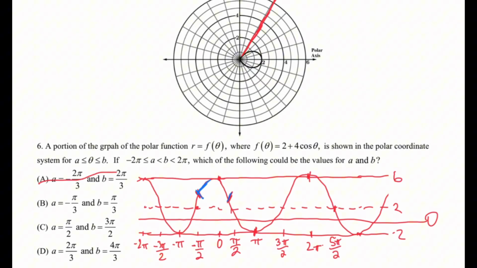So B is this section right here. And if we plot that into the polar graph, we have pi over 3 and negative pi over 3, and it's positive. So it looks like B could be the answer right now. No reflection. Positive means no reflection, right? But we also have to pay attention to the amplitude and stuff.